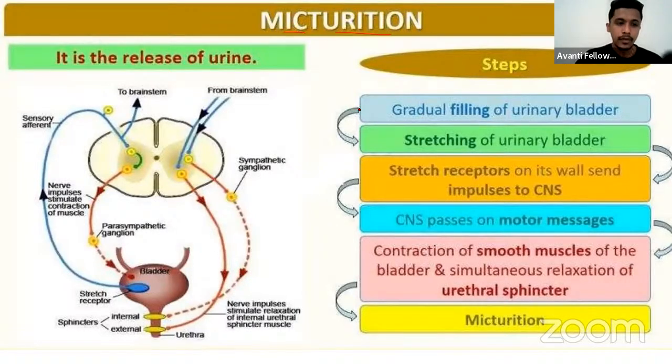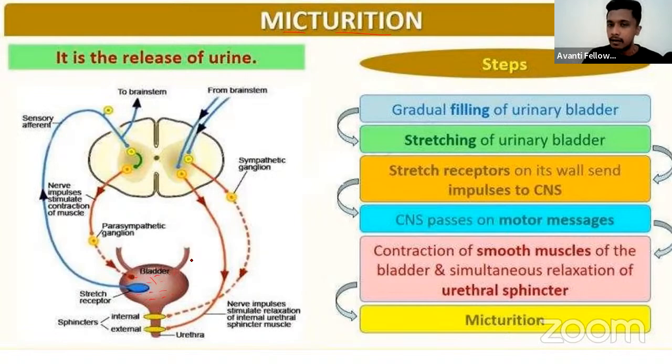First, our urinary bladder is made up of a very special type of muscles. These muscles of the urinary bladder are filled with a special type of receptors called stretch receptors. As the urine in the urinary bladder keeps filling, the bladder becomes bigger and bigger, which means the muscles of the urinary bladder are stretching.